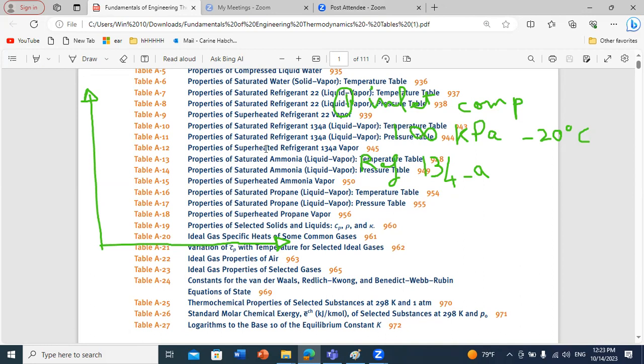We want to check that this point is in the superheated region. So all we have to do is to consider the pressure, which is, as we said, 100 kilopascal, and a temperature of minus 20. For superheated 134a, we go to table A12.